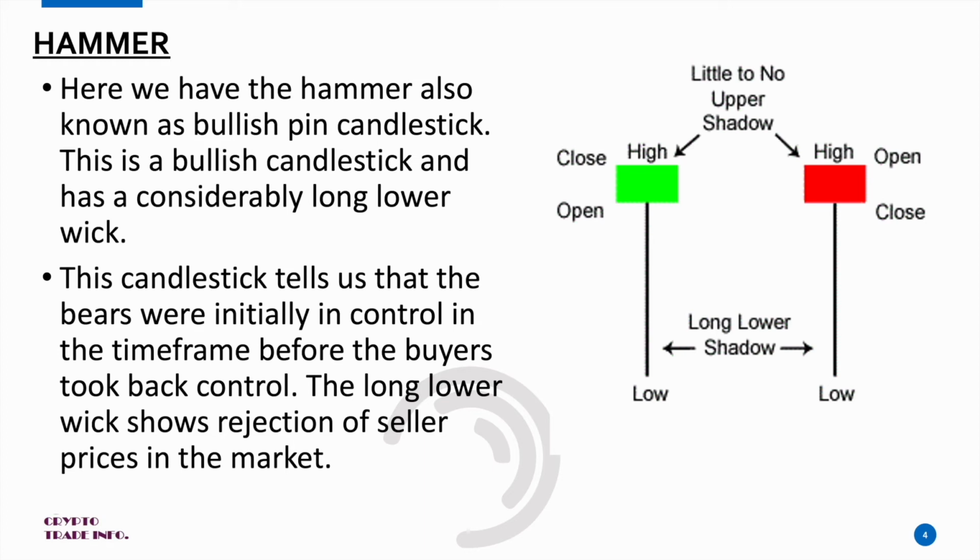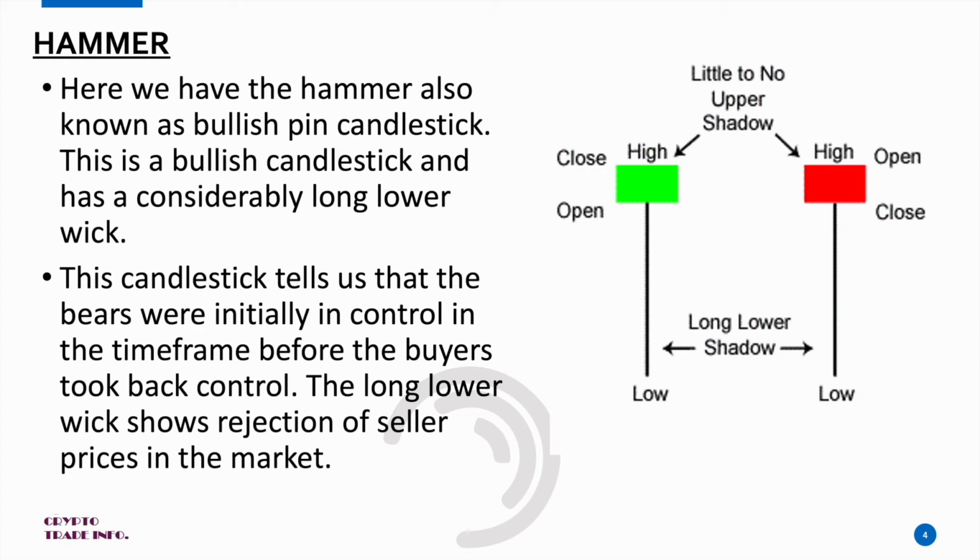There's something we need to understand, because just like the hammer, there's a candle called the hanging man. We'll meet it along the way in our lecture here. They look almost the same, but what differentiates the hammer from the hanging man? The hammer is a bullish candle, regardless of being red or green, and is found at the end of a bearish trend.